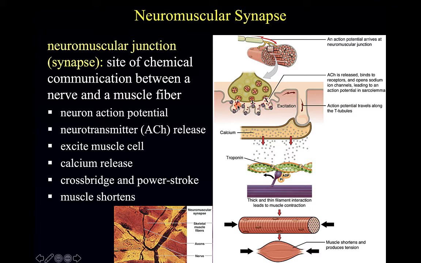So this is in the sarcolemma, or the plasma membrane of that muscle cell, causing excitation in the muscle cell itself. This is going to result in a calcium release, and calcium is going to affect these protein fibers inside here, the thick and thin filaments that we were talking about earlier. So you can see that we have in green here our actin, our thin filament, and this is our thick filament myosin. Myosin needs to connect to the actin, but we have a problem. We have something in the way.